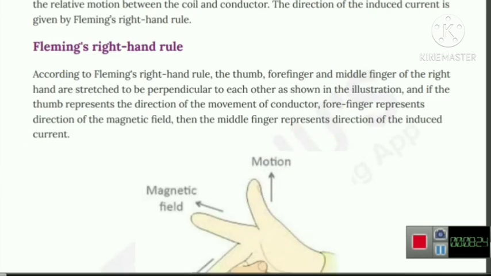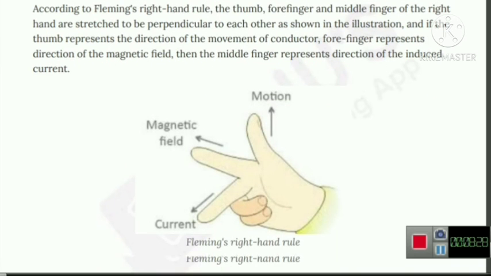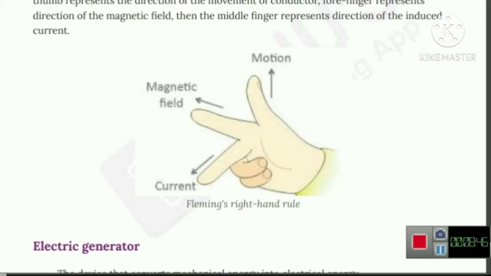According to Fleming's right hand rule, first of all we have to stretch the thumb, forefinger and middle finger so that they are perpendicular to each other. Here, this is our thumb.